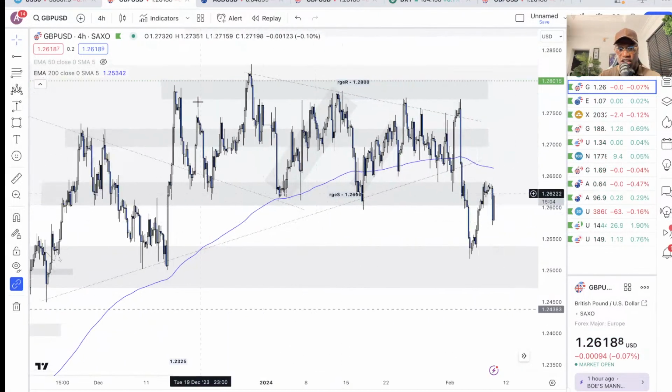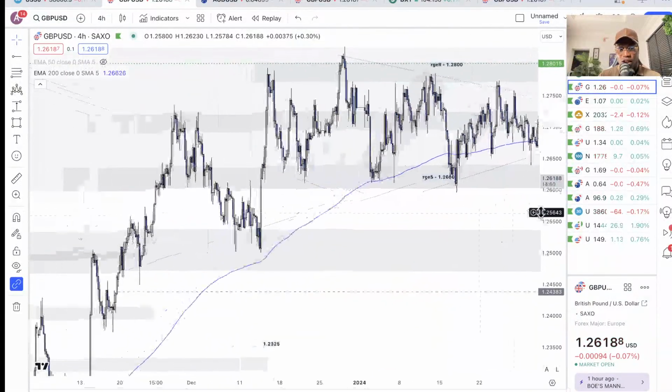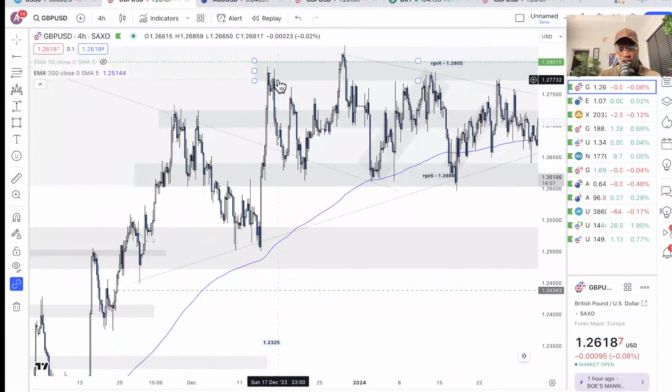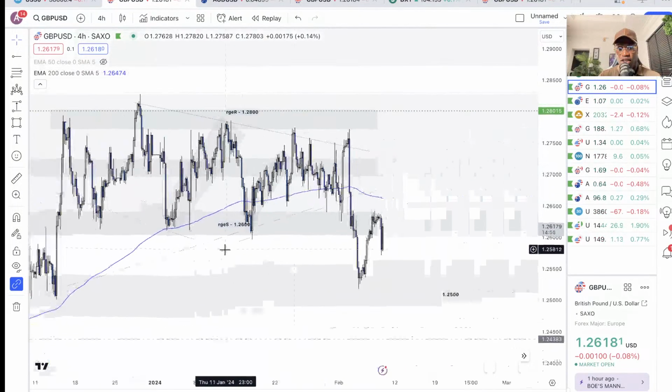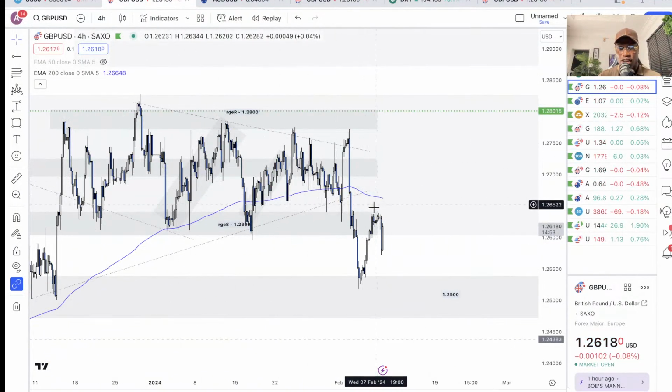It has been ranging. And if you look at the initial trend, you would likely call this a flag pattern, right? But a flag pattern is a continuation pattern, and you want the price to break above and continue in the initial direction, which would in this case be an uptrend.